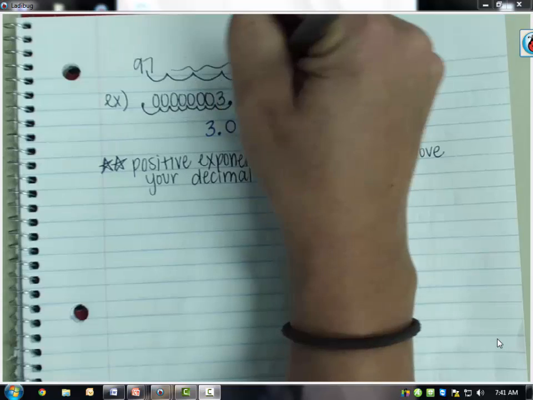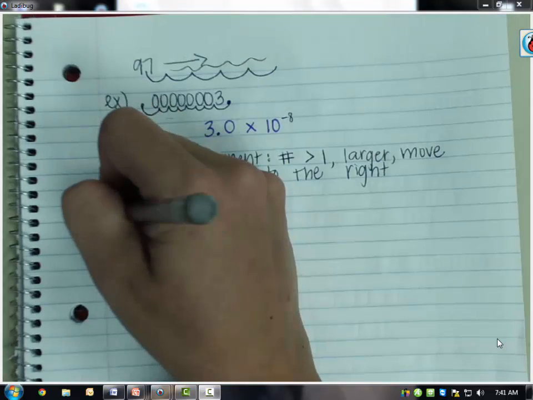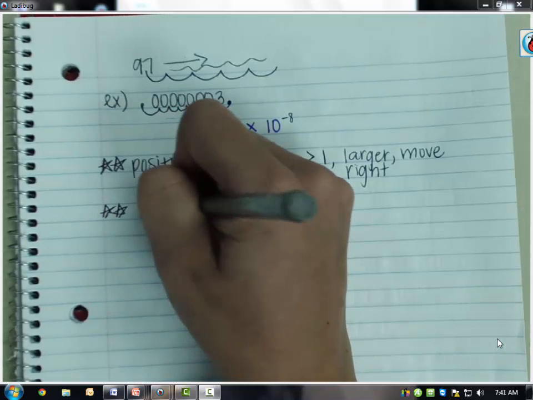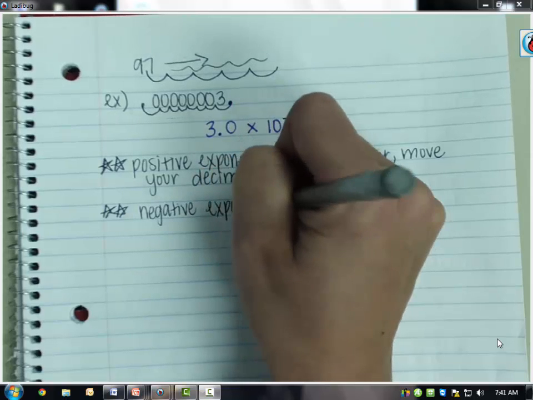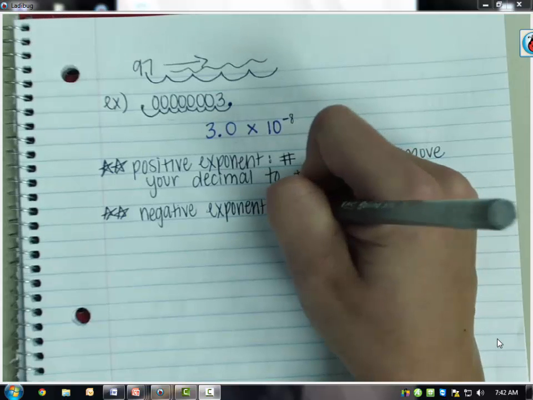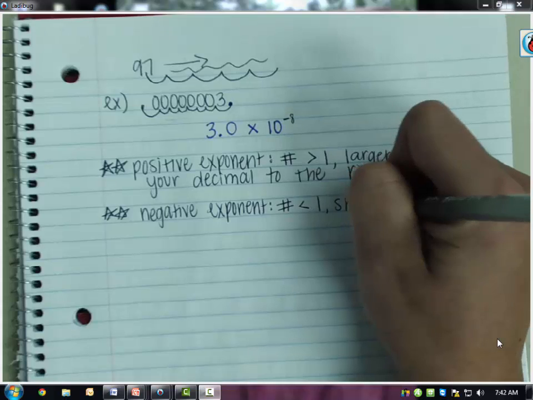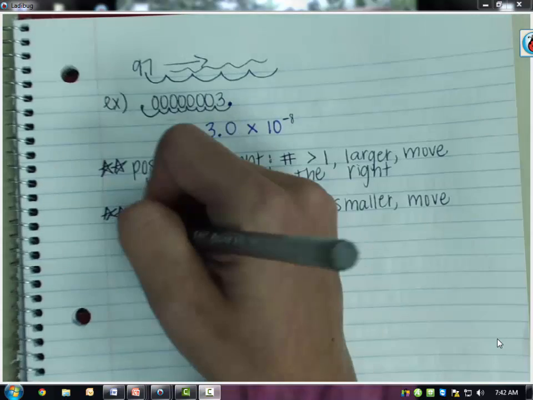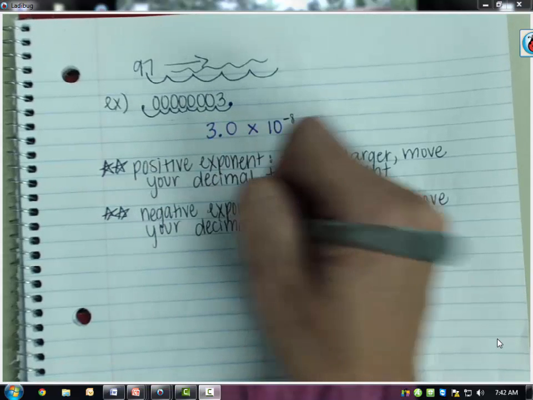Now, when you have a negative exponent, it means your original number is less than 1 or smaller than 1. You're going to move your decimal to the left.